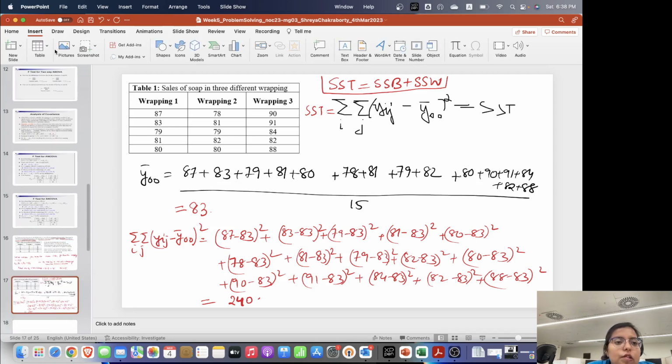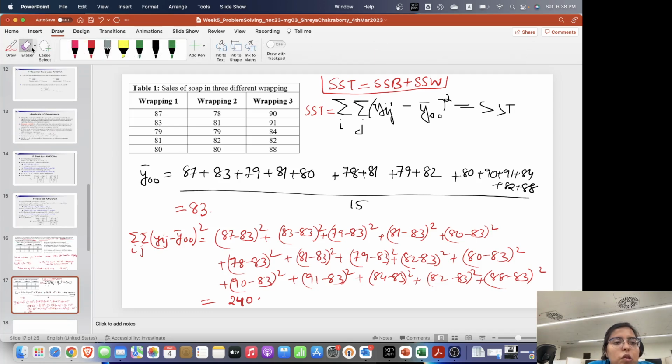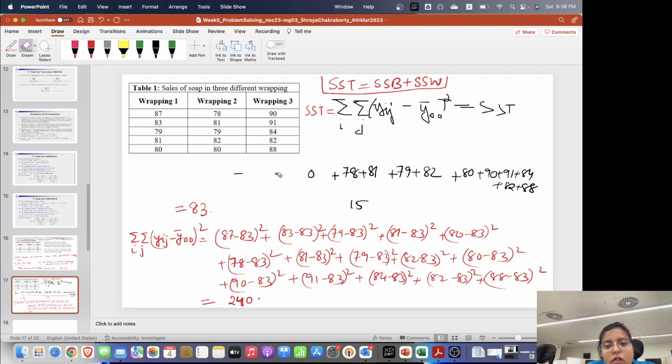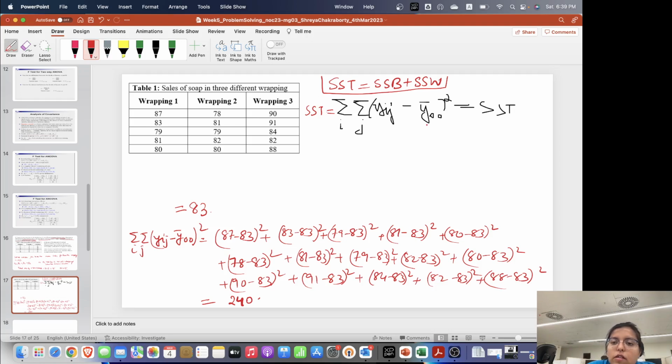Okay. So we'll keep this information whatever we have with us. So y naught naught bar was 83, SST was 240.